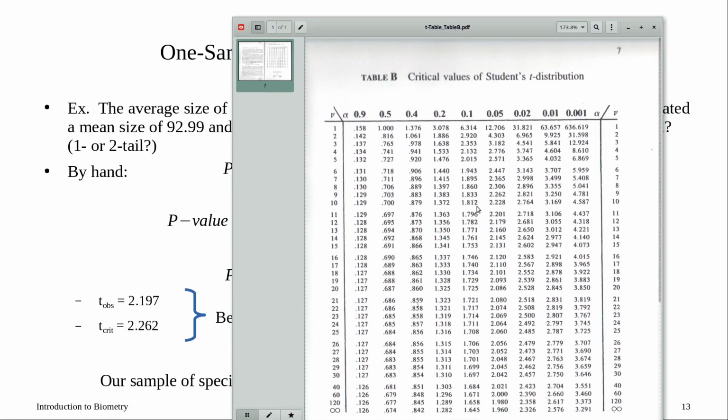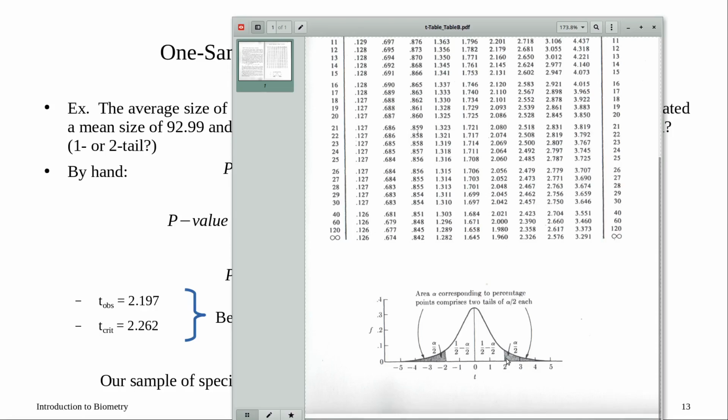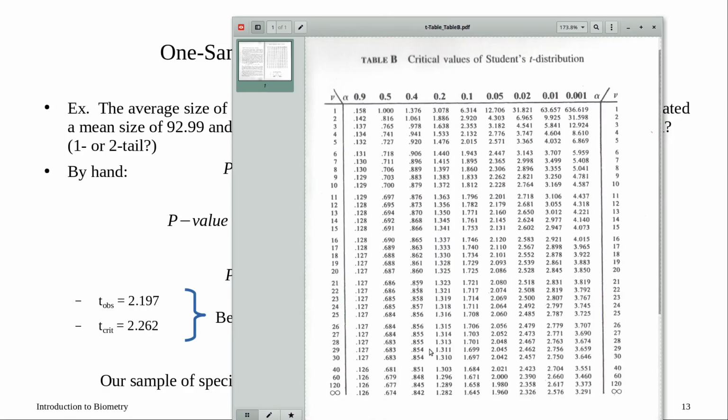So the critical value is the cutoff value. It's that value that marks 5% in our tails. Well, that means, since we're doing a two-tailed test, we want 5% in both tails, which corresponds to this 0.05 column. So we're going to use this 0.05 column for a two-tailed test.